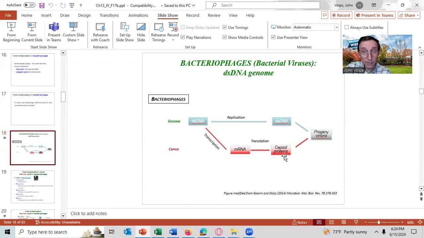The viral proteins then need to get together with the replicated viral genome to make the new progeny virions. This case is showing a double-stranded DNA virus, but it doesn't matter what the genome is. You still have to go through these steps.